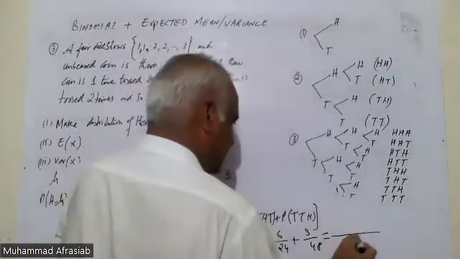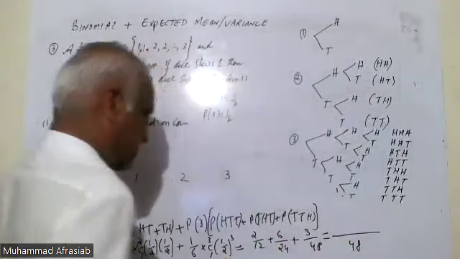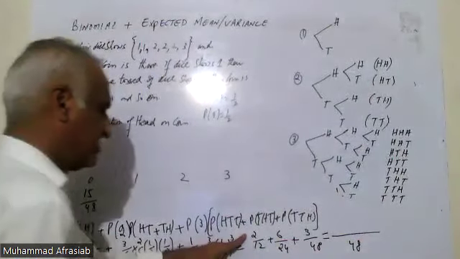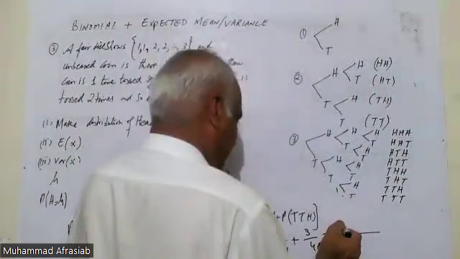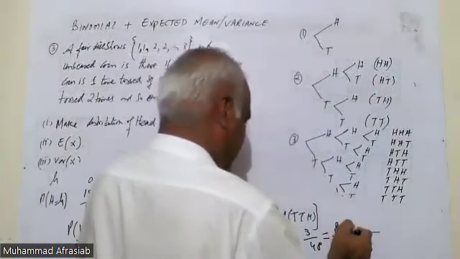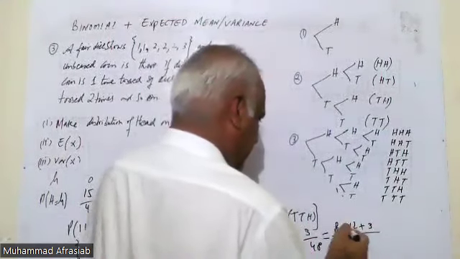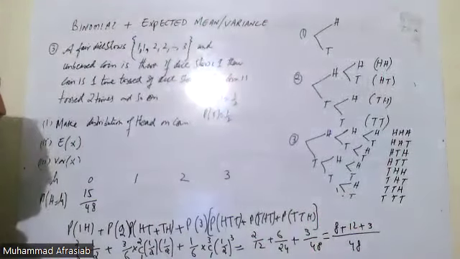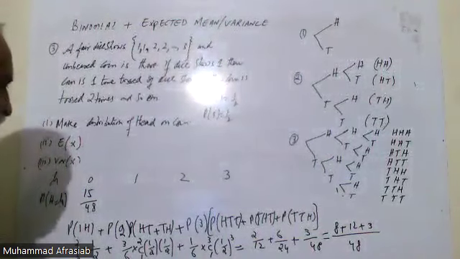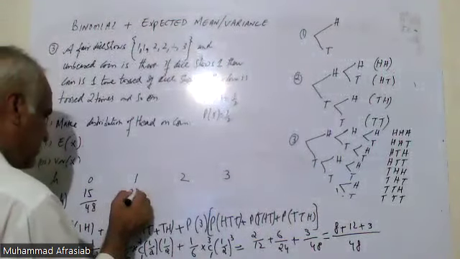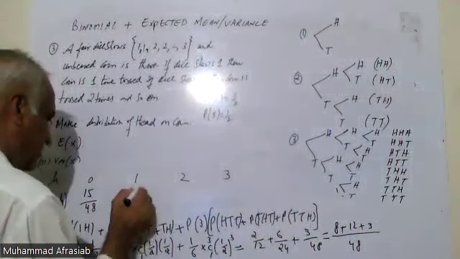If 48 is the LCM, then it is 8 plus 12 plus 3, so 8 plus 3 is 11, plus 12 is 23, over 48.